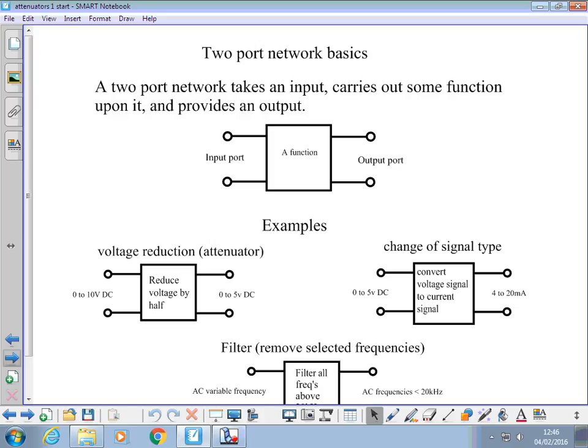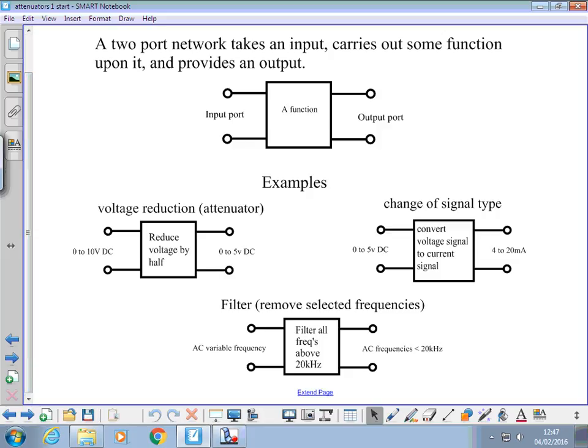Typically, that type of 2-port network would have some kind of power supply to it as well, because it'll have an electronic circuit in to do the signal conversion and amplification. Then a third example, and that's the other one we're going to look at: an AC variable frequency in with a filter taking out all frequencies above 20 kilohertz, for example, so the output will only give you frequencies that are less than 20 kilohertz. Anything else will be effectively attenuated.